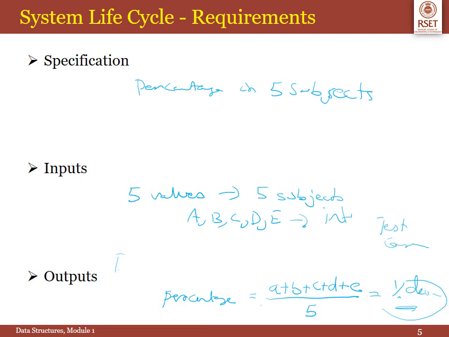Now this ABCDE value is actually taken to be an integer. My percentage can have a decimal value. If all these numbers are integers and I divide by an integer, I will always get an integer value.